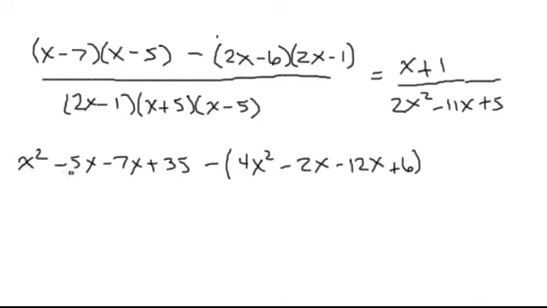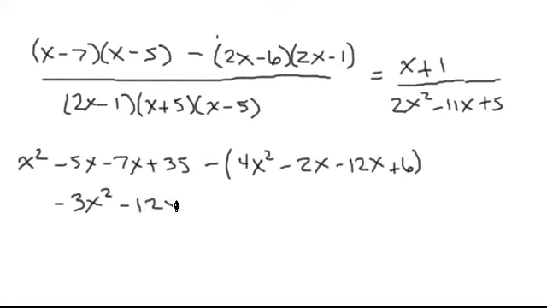And what we want to do now is simplify this stuff, and I think I'm just going to go ahead and do that. Let's see, we have an x squared minus 4x squared, so that's going to give us a negative 3x squared. We have a negative 5x minus 7x, that's negative 12x. And we got too much going on here.